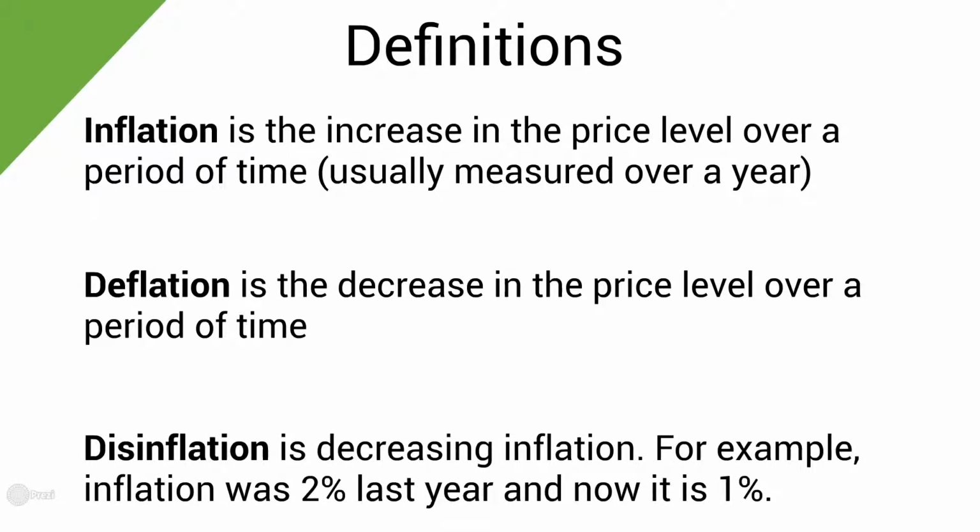Disinflation is a decrease in the inflation rate. For example, we would have disinflation if inflation last year was 2% and now inflation is 1%. So inflation is an increase in the price level. Deflation is a decrease in the price level, and disinflation is a decrease in the inflation rate.